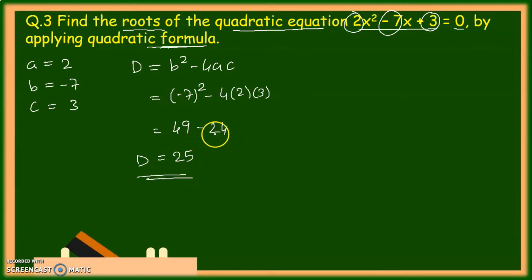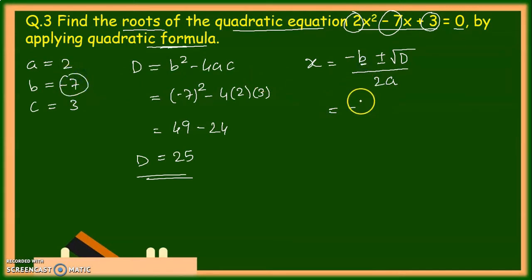Now if you use the quadratic formula, the formula is x equal to minus b plus or minus under root d divided by 2a. So in place of b we will put minus 7, plus or minus under root d, that is under root 25, divided by 2 multiplied with a, which is 2.